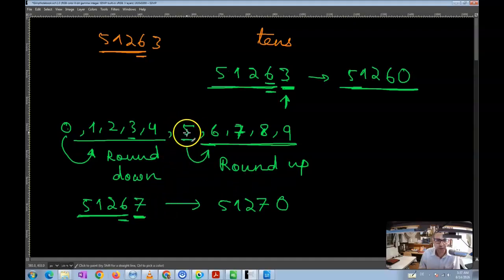If it's a digit like 5, 6, 7, 8, and 9, you're going to round up, meaning that the tens place value is incremented by 1, which means that the 6 becomes a 7, and then the ones place value is filled with a 0, and then the rest of the digits are going to be written as they were. So 51,270. That's basically how you would round your numbers, right?